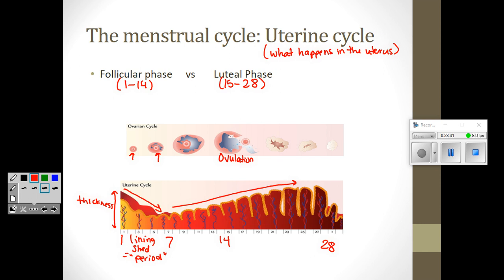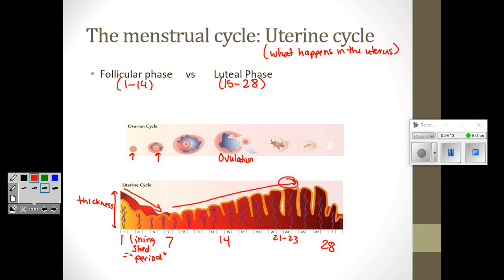that's where ovulation happens. And notice that day 14, when ovulation happens, that's not when the uterus is its thickest. The uterus is actually its thickest somewhere in the vicinity of day 21 to 23, let's say. Right around here, it's the thickest. Now here's why. For the egg to implant itself in the uterus, it has to get there.